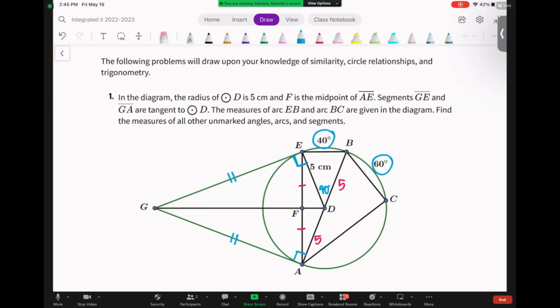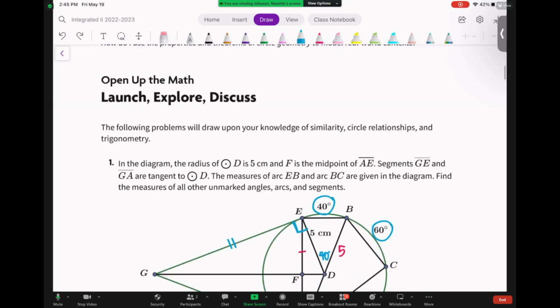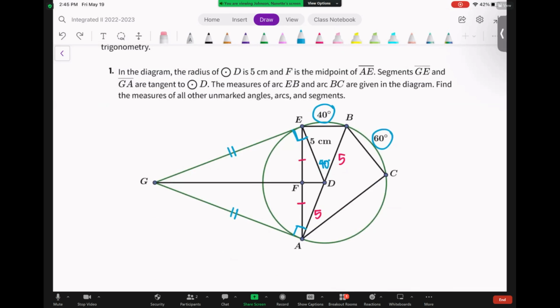His inscribed angle is angle BAC. This angle in here, BAC, right? I'm going to find him because we know that the measure of the arc and the inscribed angle are related. And because that's 60 degrees, then this angle back here is going to be 30 degrees.